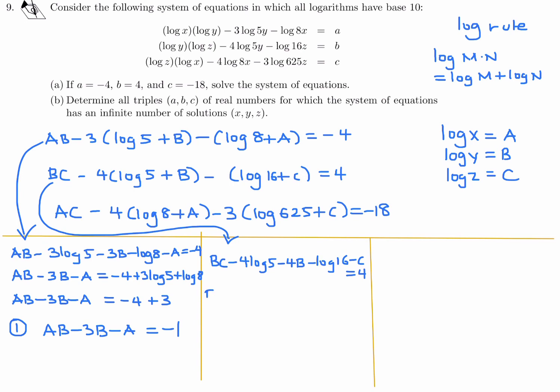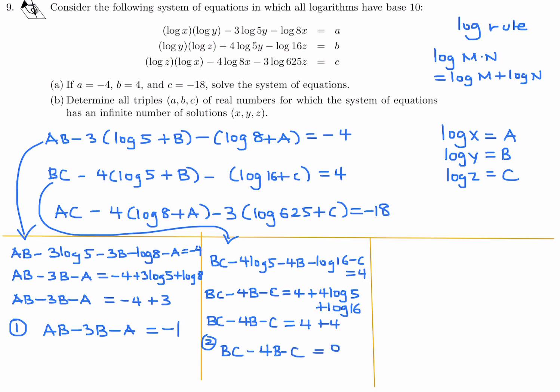So it'll be bc minus 4b minus c, and on the other side, we'll just put all the numbers. So it's going to be 4 plus 4 log 5 plus that log of 16. And you'll be happy to know that those just add up to 4. So this becomes 4 plus 4 is equal to bc minus 4b minus c. So this gives me my second equation, which is that bc minus 4b minus c is equal to 8.